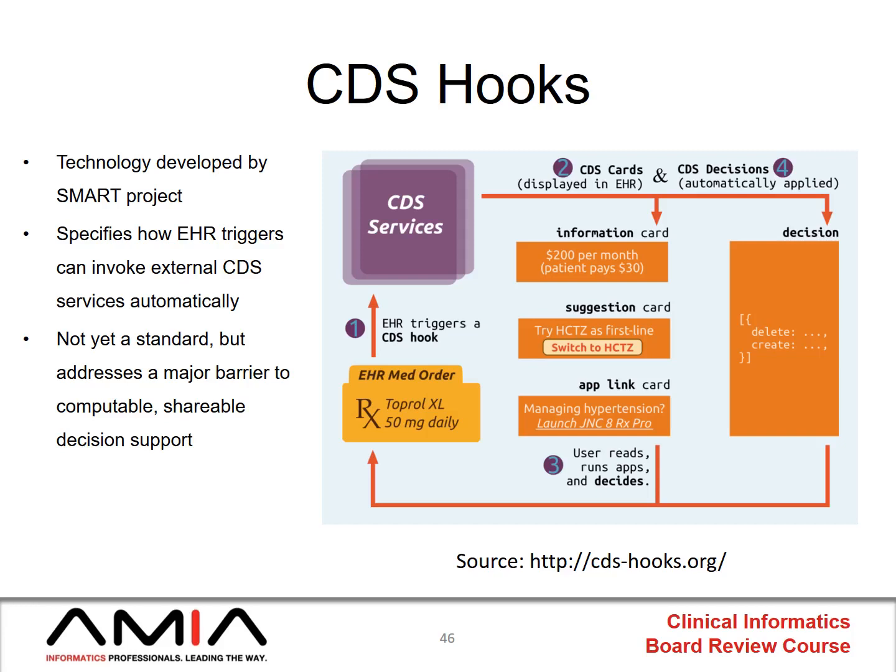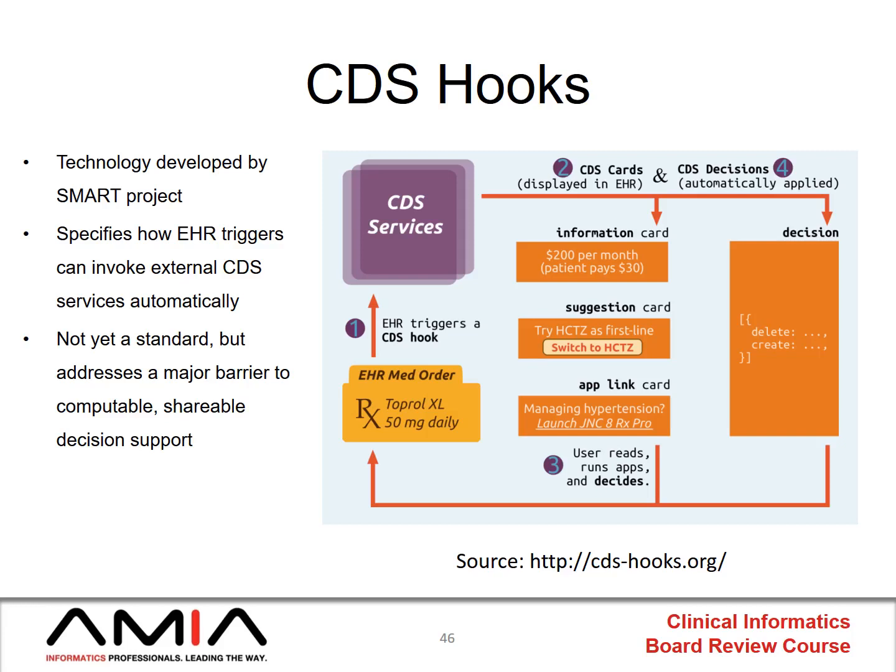And the fact that you've ordered a medication triggers one of these hooks. And the hook knows the relevant cards here are pieces of information I want to show to the provider. So first I want to show them what the patient's expected copay is based on an information card. These are things that might show up as notifications, or they use this card metaphor where you can swipe to dismiss them.